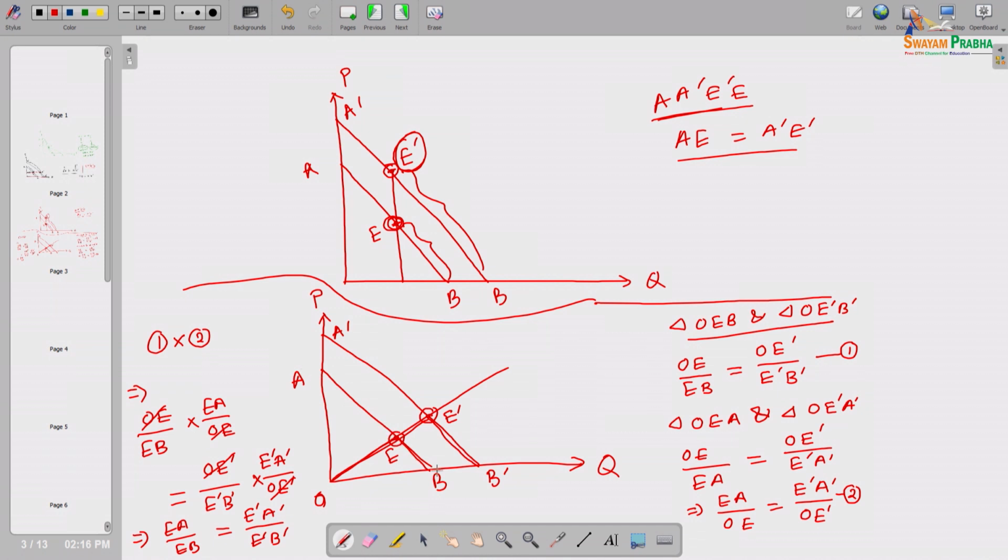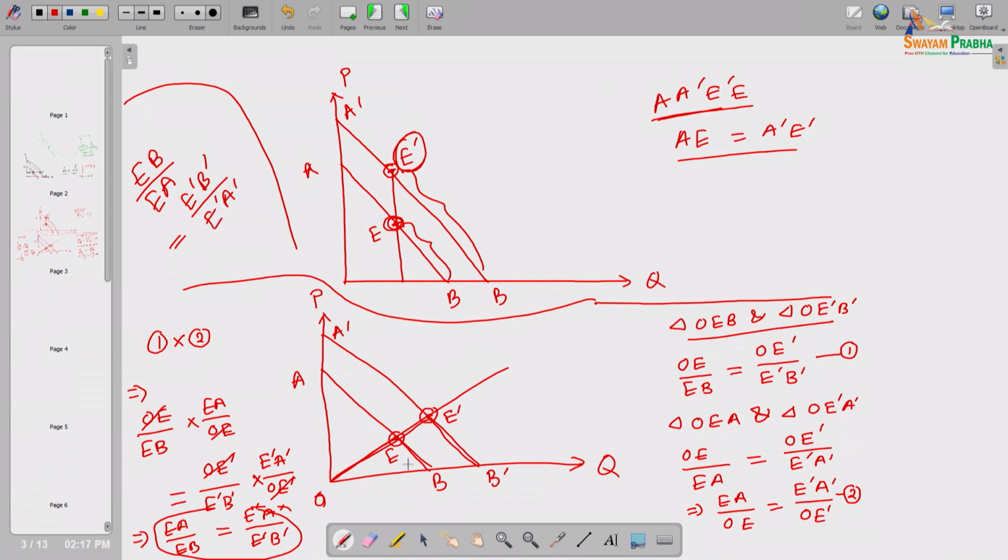EA by EB is exactly equal to E'A' by E'B'. If we take the reciprocal, EB by EA is exactly equal to E'B' by E'A'.